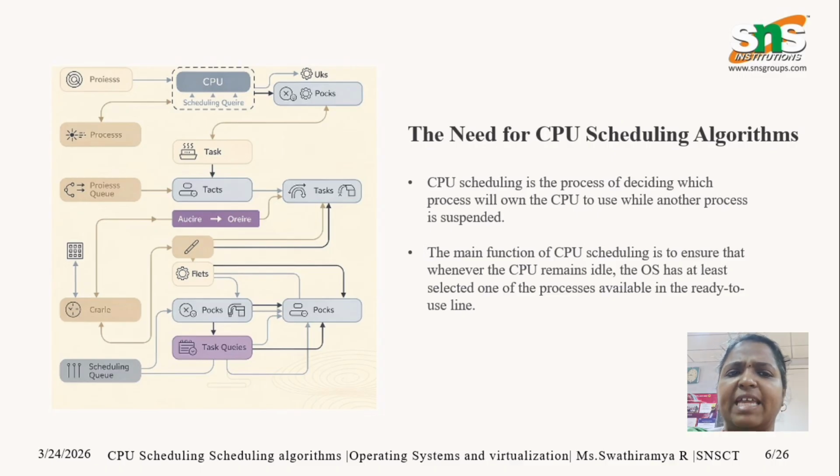CPU scheduling is the process of deciding which process will own the CPU while another process is suspended. The main function of CPU scheduling is to ensure that whenever the CPU becomes idle, the OS has selected at least one of the processes available in the ready queue. Okay, thank you.